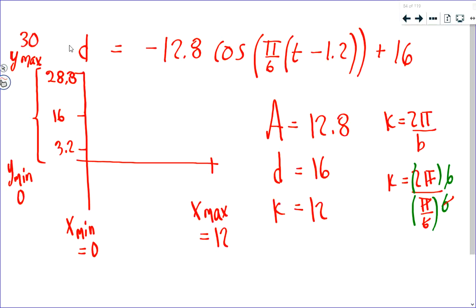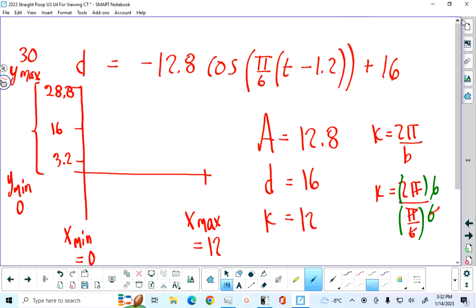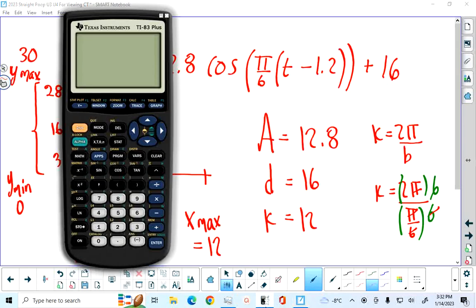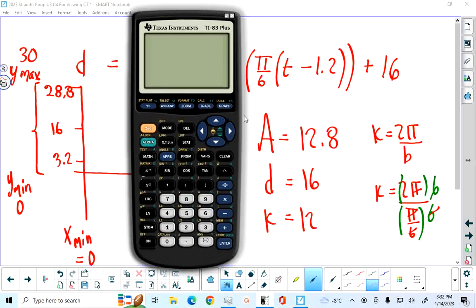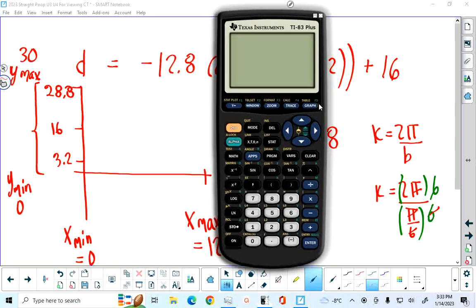So with that being said, and again, I don't want to spend too much time doing specific examples, but let me show that to you on my calculator. I'm going to put in the function.